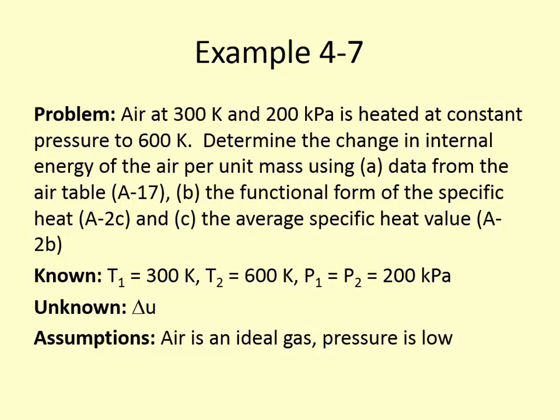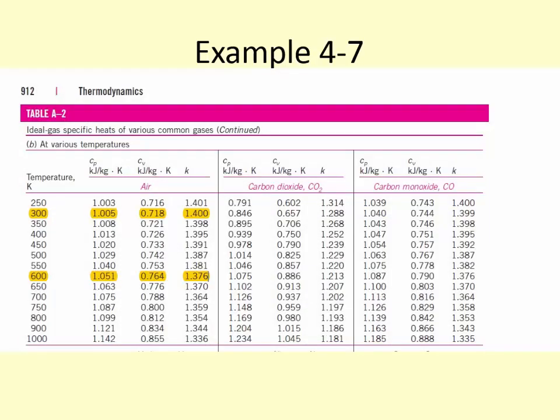So then the third way is using an average C sub V. So we can go again to table A2B, and we look up C sub V. We can do it two different ways. We can look up C sub V at 300 and C sub V at 600, and then average those two values.